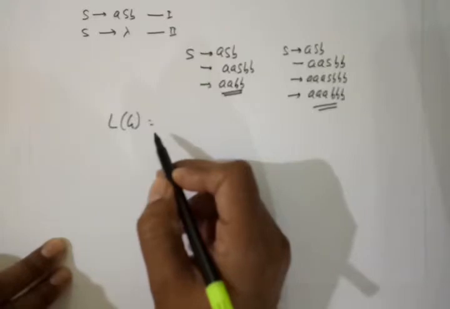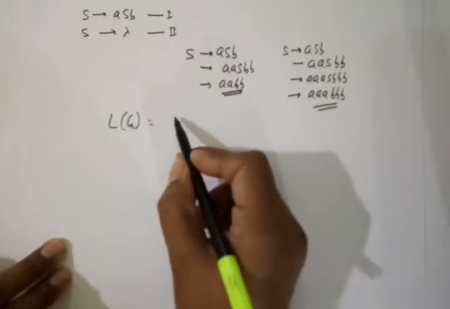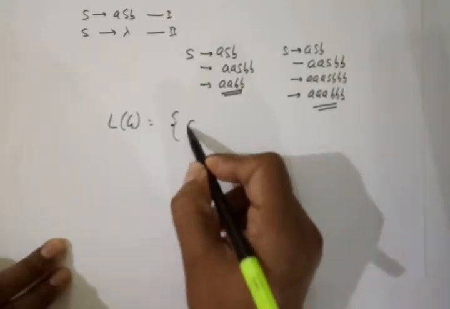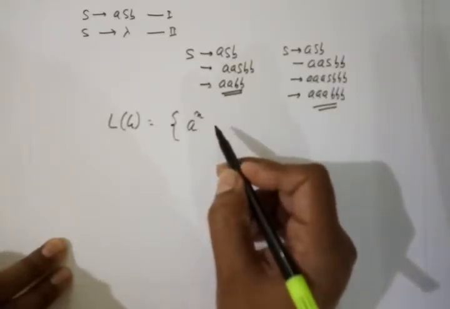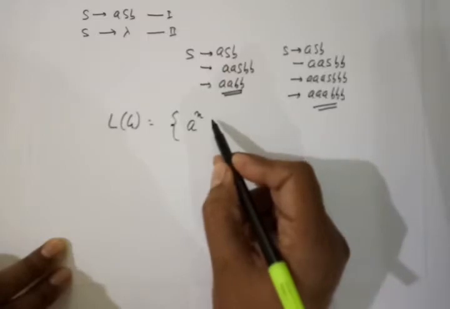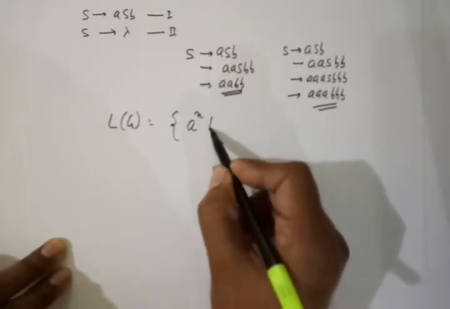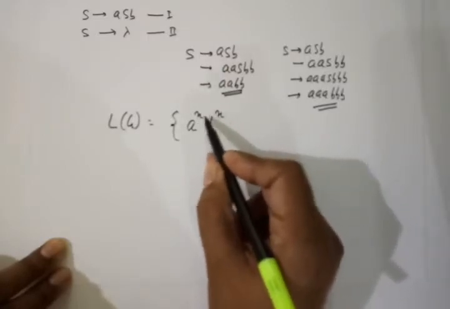After a few trials, we can see the number of A's will always be equal to the number of B's. So we write A to the power n, B to the power n, because they are the same.